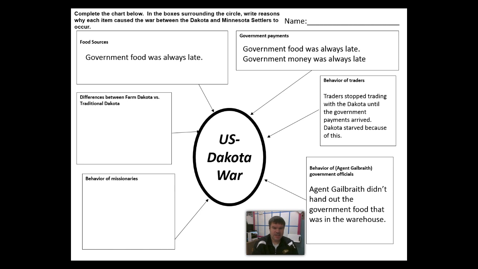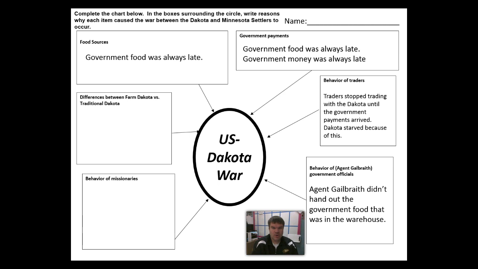The government agent on the reservation, his job was to hand out the money and the food from the government, and just to kind of keep control of what was happening on that reservation. And in this case, his name was Thomas Galbraith. And Agent Galbraith's part in causing this war to happen is that when the government food finally did arrive on the reservation, he refused to hand out that food until the money arrived as well.